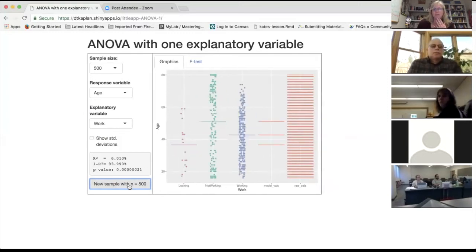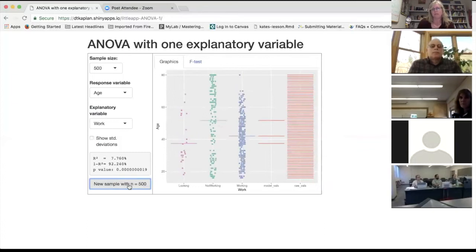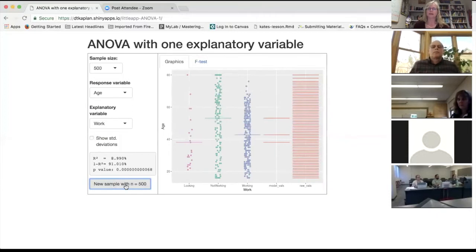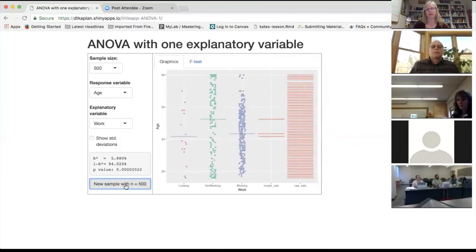So if we keep just doing a bunch, you can see those are pretty much the same. And then we can talk about what happens to the variability, because that is also involved in what we're doing. The means are all stable, but why is that, and what is happening to the variability of the different samples? So we can actually look at what that variability is in your samples.